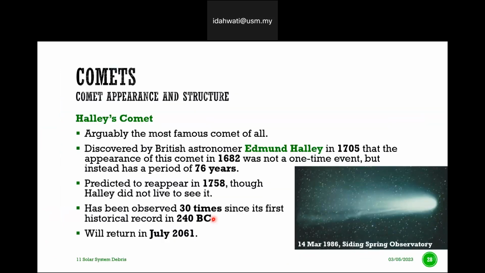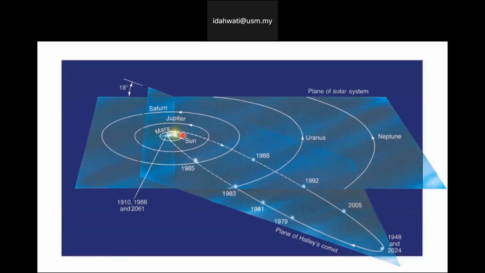Here, this is Halley's comet. So maybe the motion is like this, very far away from the sun, and it makes a very wide motion. The tails point away from the sun.